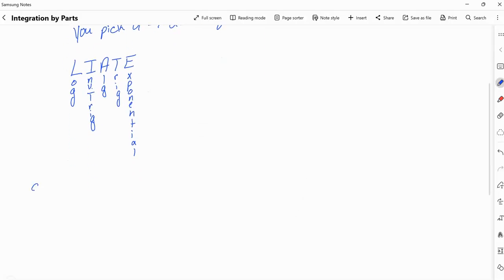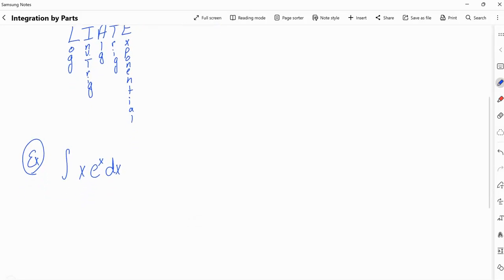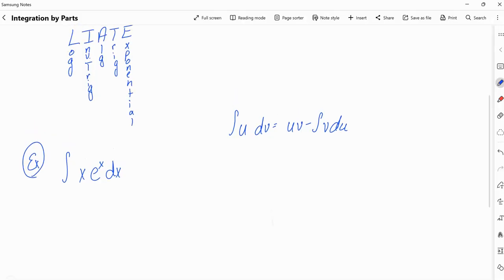So let's look at a few examples here. Let's say we want to integrate x e to the x dx. We don't have a formula for that. We could try a u substitution, but a u substitution isn't going to get us anywhere. This is where by parts is going to come in handy. So integrating u dv is uv minus the integral of v du. You've just got to pick out what your u is going to be.